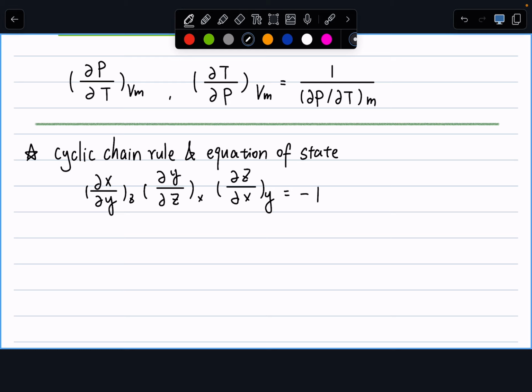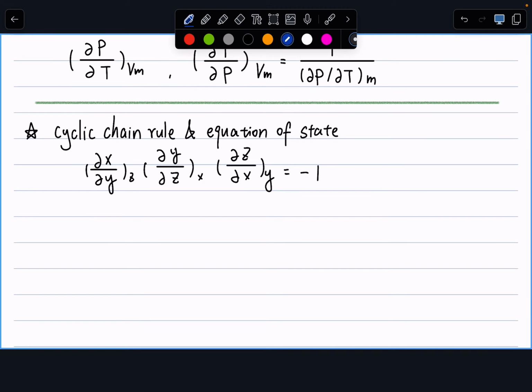That's just calculus. But if you think about using the 3 partial derivatives we get in isothermal, isobaric, and isochoric processes and use our cyclic chain rule, obviously we have one more relationship to link these 3 partial derivatives together. So we can do one less experiment. So how exactly is that? What exactly does it mean?